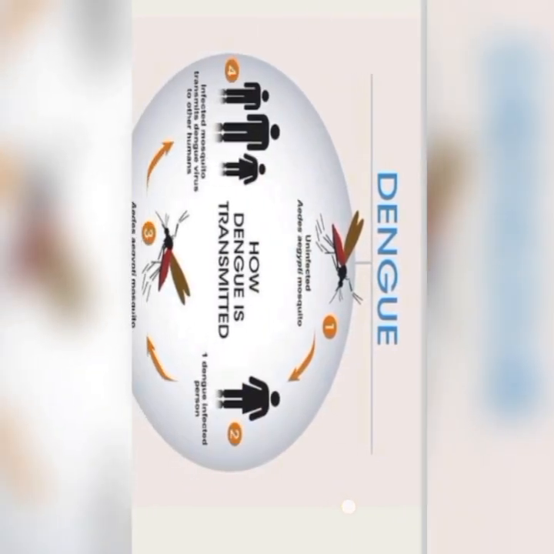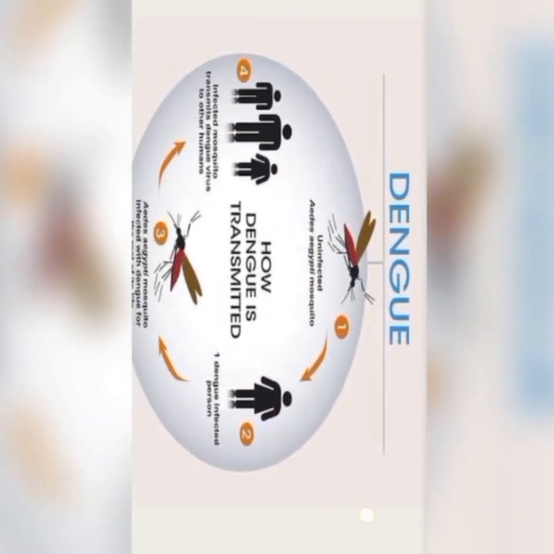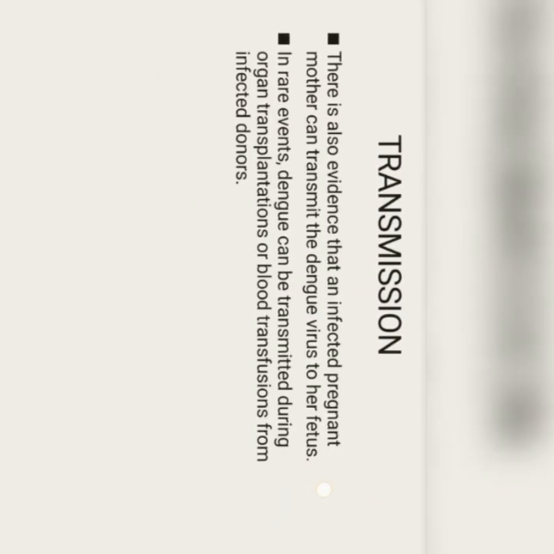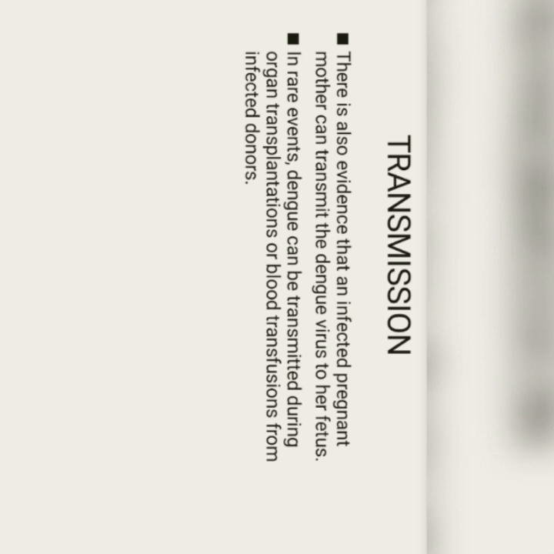This is the life cycle of dengue virus. Transmission continued. There is also evidence that an infected pregnant mother can transmit the dengue virus to her fetus. In rare events, dengue can be transmitted during organ transplantation or blood transfusion from an infected donor.